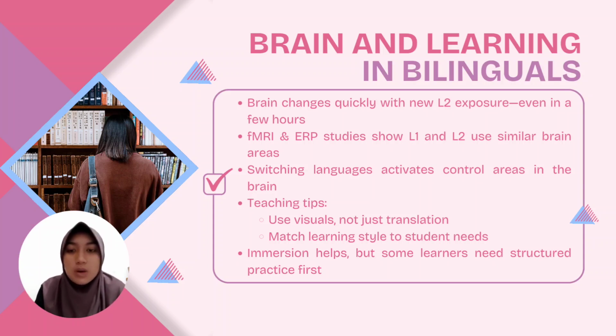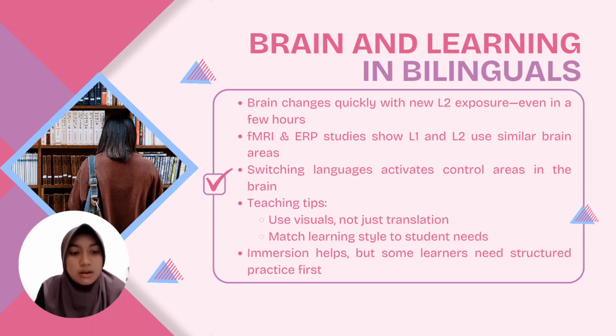Brain scans show that first language and second language use mostly the same brain parts. Switching languages activates control areas in the brain. When people switch languages, special brain areas for control get more active.